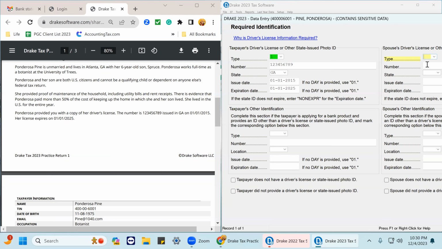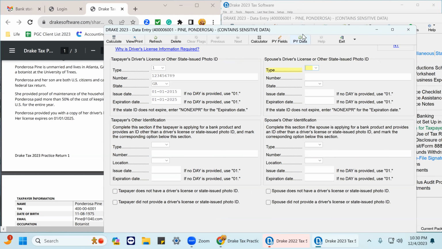So there's no spouse. The kid does not need to. Okay. So the green color one, you can hit shift and control and enter. So now you hold. What is type 1? Oh, type 1 is either driver license or other state ID, like with your phone.